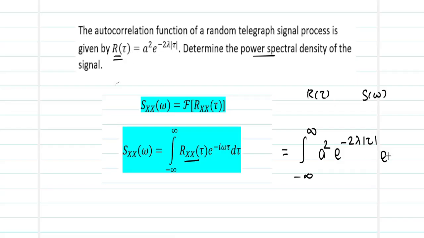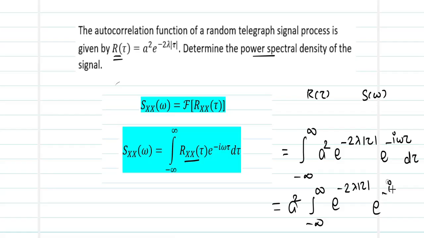You have e to the power of minus i omega tau, and now you have d tau. This a square being a constant will not be affected by the integration, so let us take a square outside. The integral from minus infinity to infinity of e to the power minus 2 lambda modulus of tau times e to the power minus i omega tau d tau.